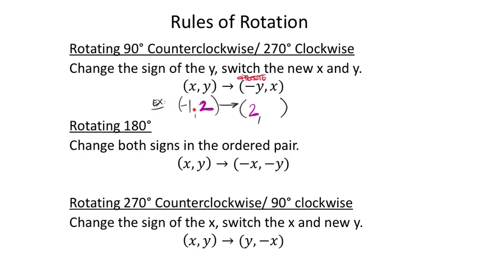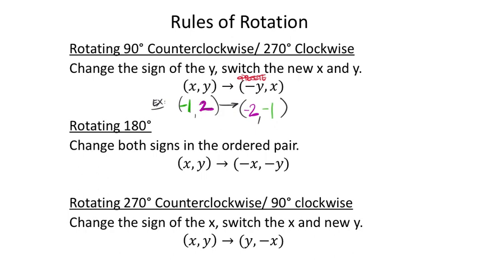But where this 2 was positive, its new value, 2 for the x, becomes a negative. So I take the opposite of that 2. And then the x value, which used to be -1 here, now becomes, it's still -1, but it is the y value, okay? So this would be the ordered pair of the 90 degrees counterclockwise or 270 degree clockwise rotation of -1, 2. Okay, but again, I don't really need a graph in order to do that.